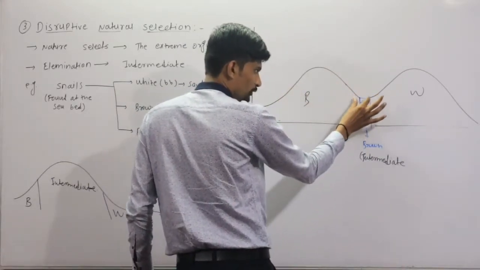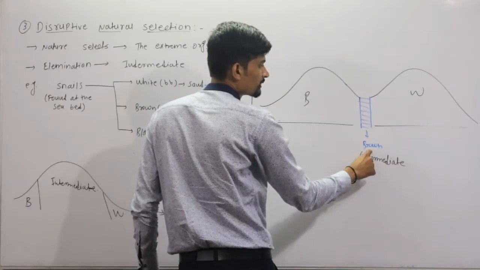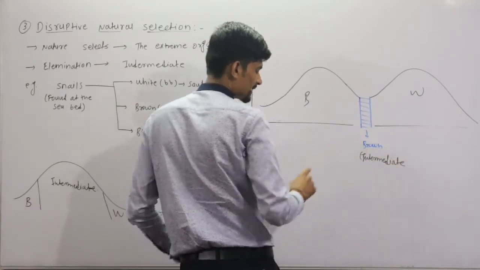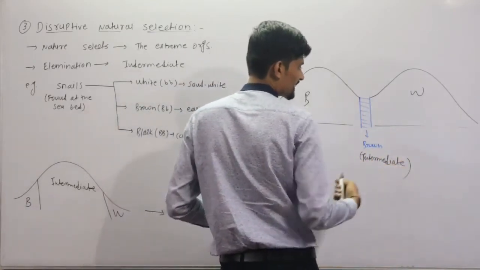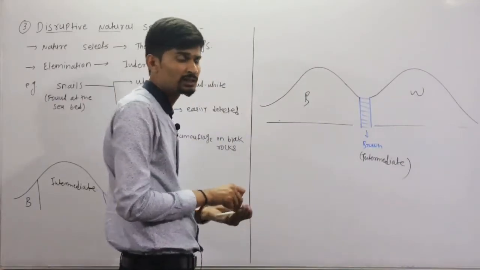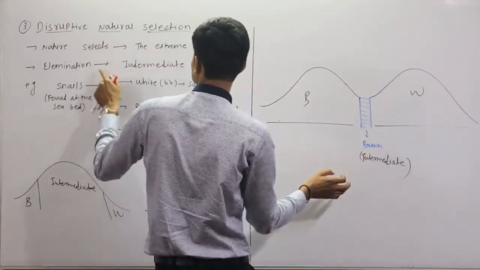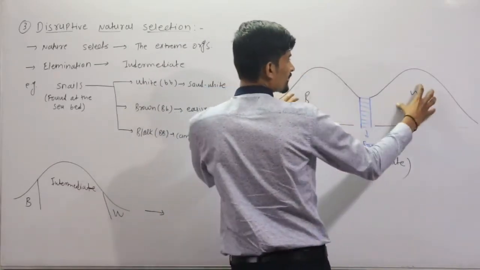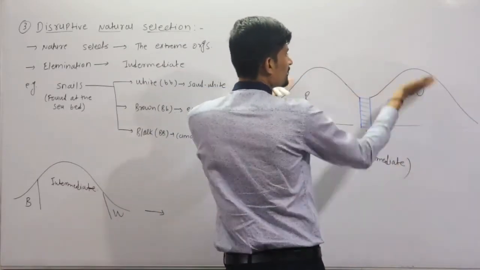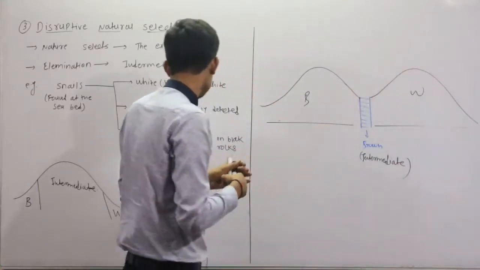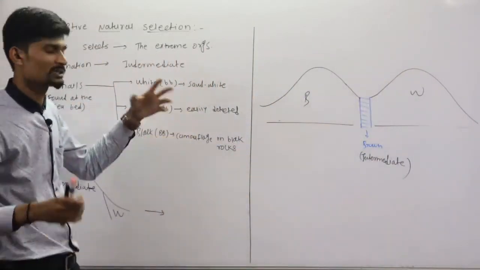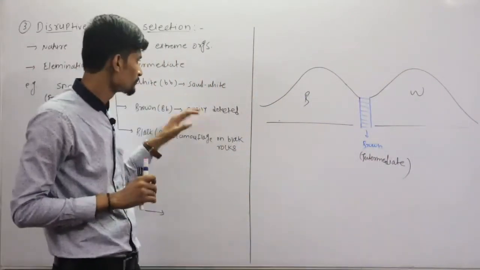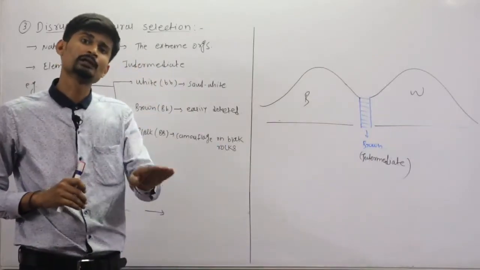Then there is a narrow portion of the brown colored snails, which are the intermediate organism, which have the intermediate character, that is brown color. So the intermediate organism will be eliminated from the population, and the two extreme conditions, black and white, will increase. Why do they increase?